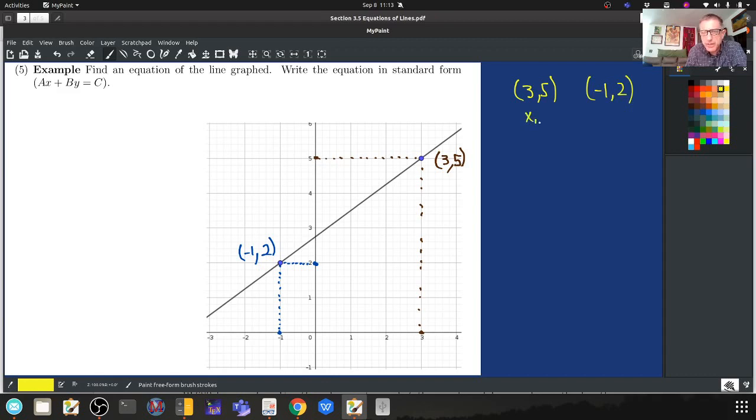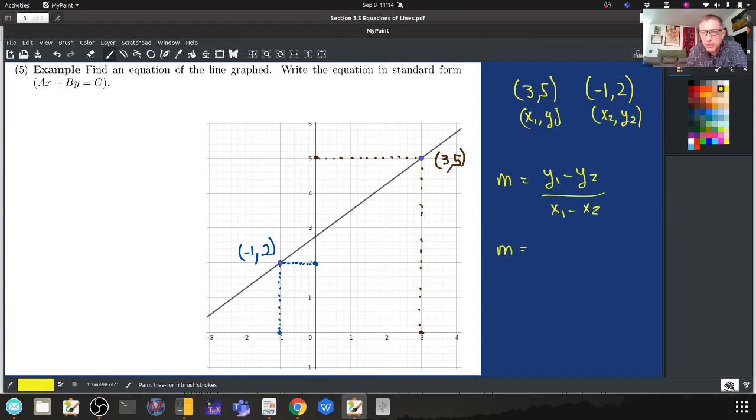I will call this x1, y1, and this is going to be x2, y2. So my slope m is y1 minus y2 over x1 minus x2.